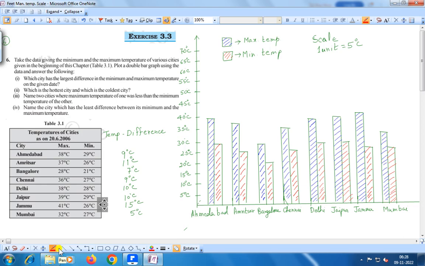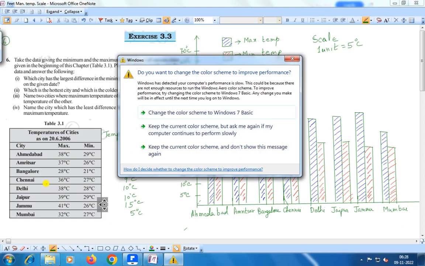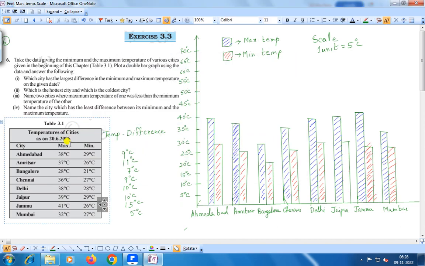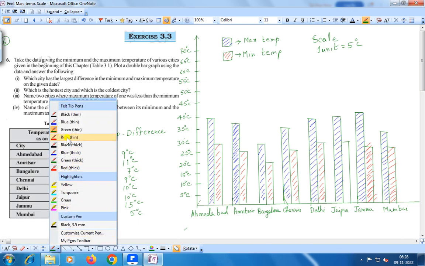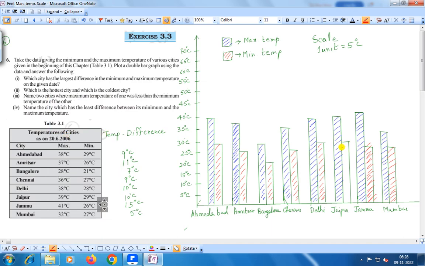Now we'll see question number 1. Here you find in table 3.1 the temperature of cities as on 2006, right? This one is represented in red color.